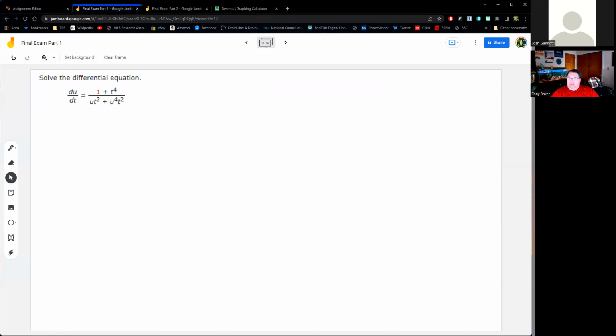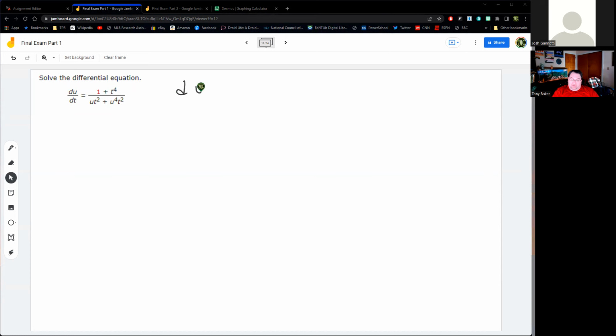Chapter 9 was the differential equations. So we were doing separable differential equations. This is the one where we're breaking up the u and the t first so we can actually separate out the two problems. First thing we have to do is move the t's out so I can separate out the bottom.